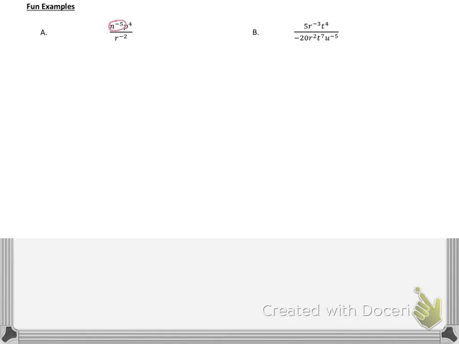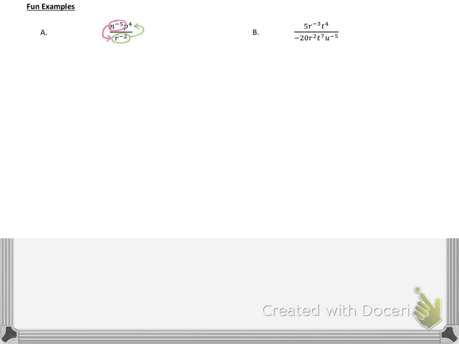A negative exponent needs to go to the other part of the fraction, from the numerator to the denominator, in order to be positive. Same with r to the negative 2nd power. This in the denominator needs to move up to the numerator. P to the positive 4th is already positive, so I'm just going to leave that there.